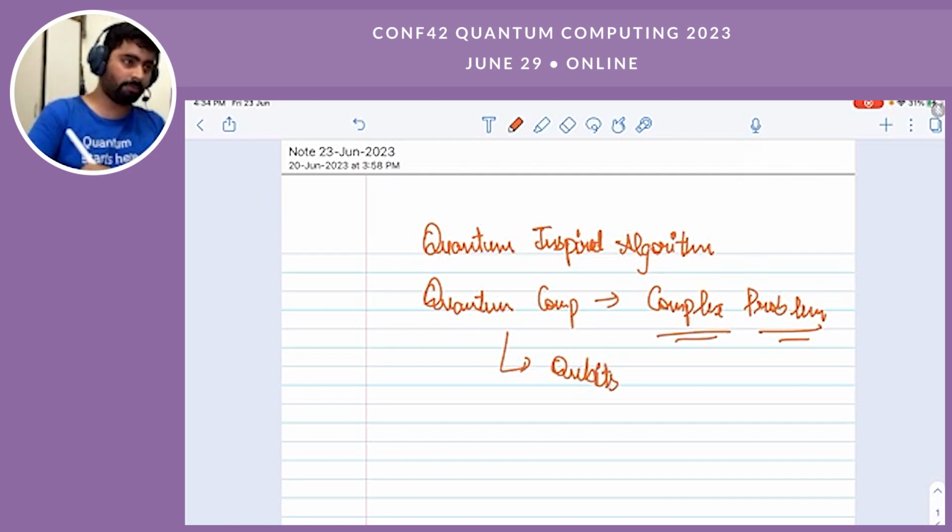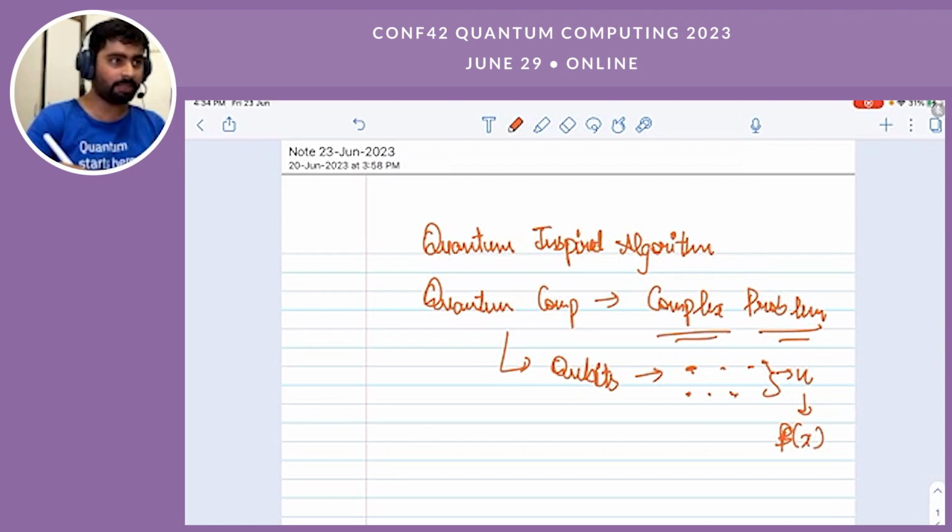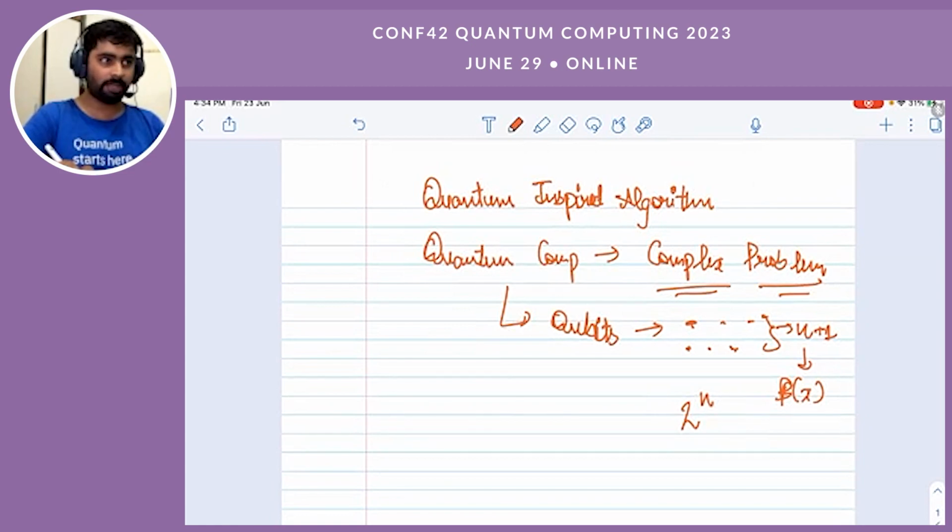To put it in a very abstract sense, say we have some n qubits which we are using to solve a problem, say problem P(x). If I add one qubit to this system, I'm basically doubling my computing capacity, the potential of the system to solve a problem. That is what you must have heard by now, from previous presentations or your own knowledge of this domain. This is one of the core concepts of why we want to go towards quantum computing.